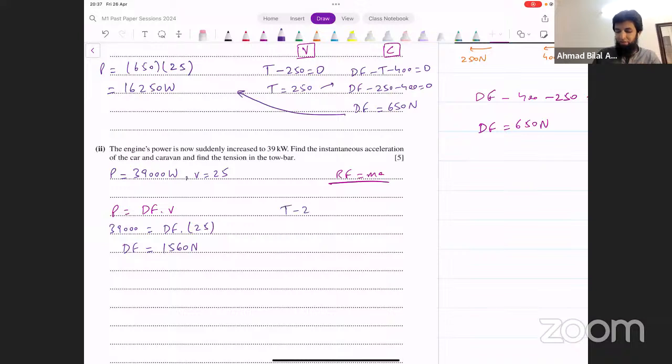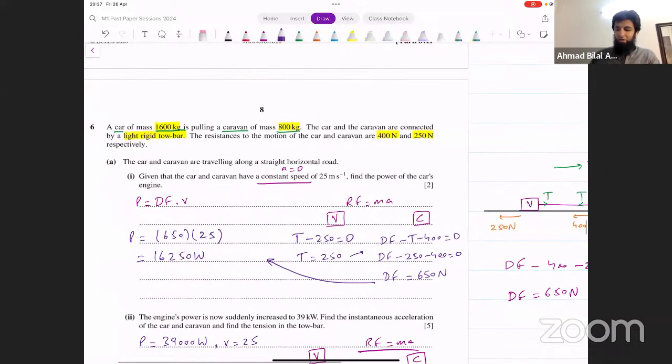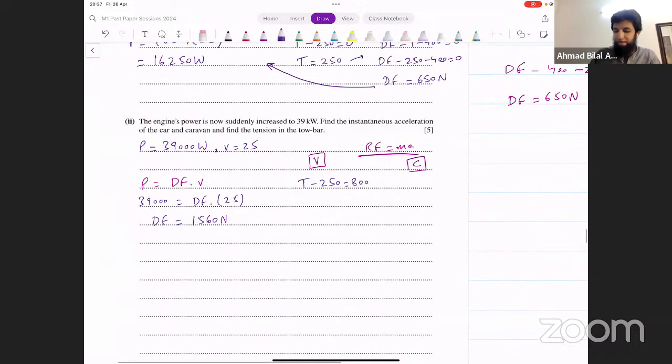T minus 250 equals mass of the object. Now the speed is no longer constant, so we can't say acceleration is 0. First of all, on the left side, we've got the caravan. On the right side, we've got the car. T minus 250, the mass of the caravan is 800, so that equals 800 times acceleration. That's the first equation that we've got.